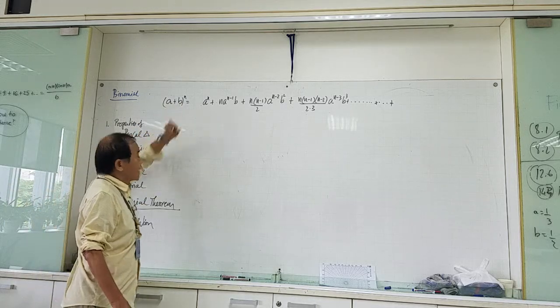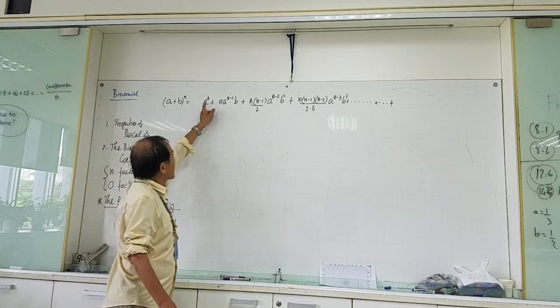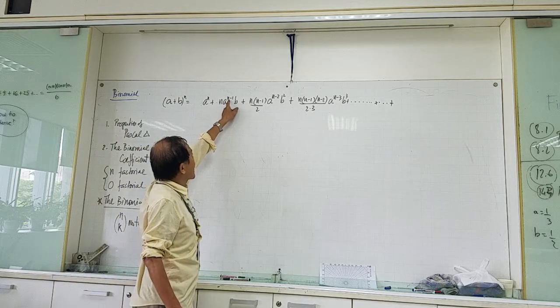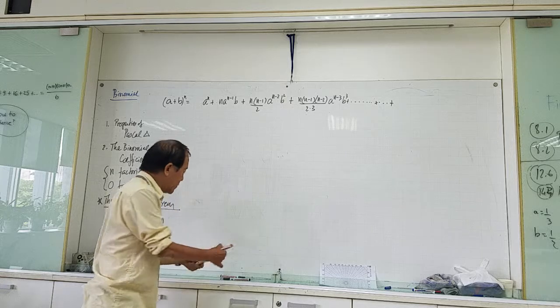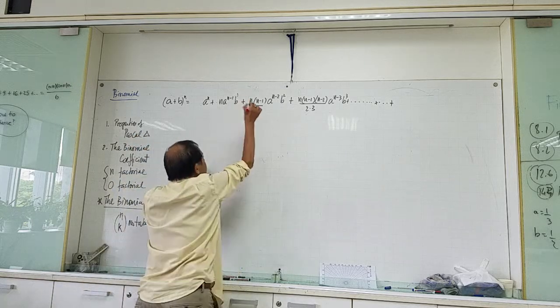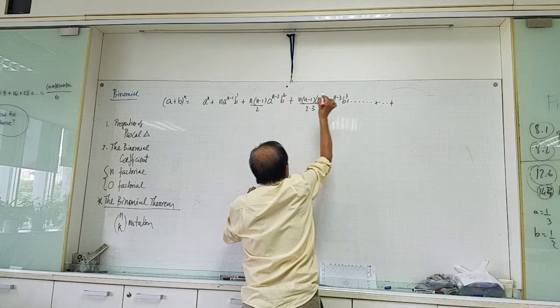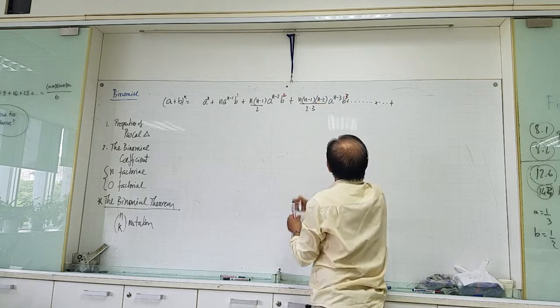(a + b)^n equals a^n, plus n times a^(n-1) times b to the first power, then we put the power of b in red, and so on.